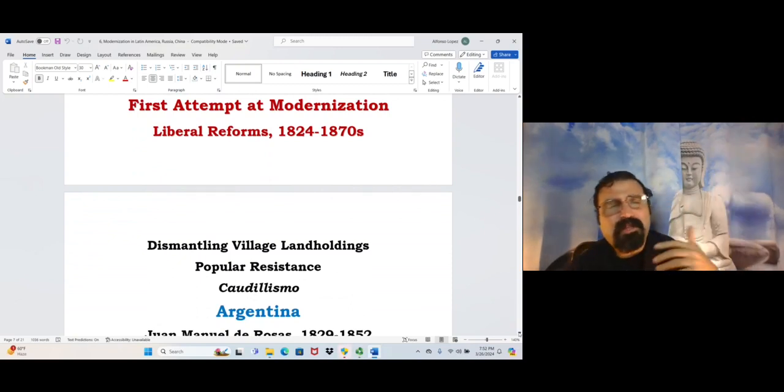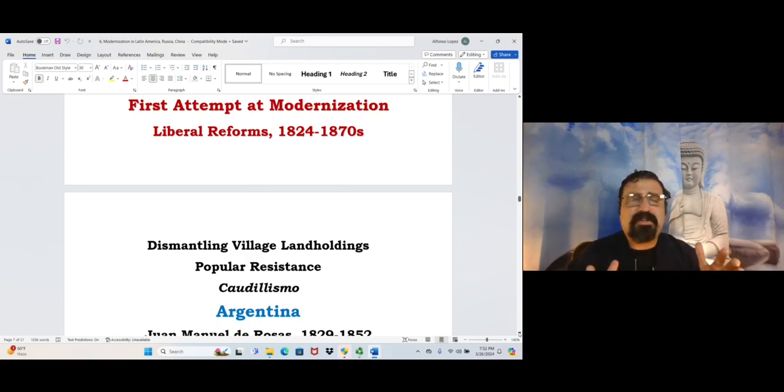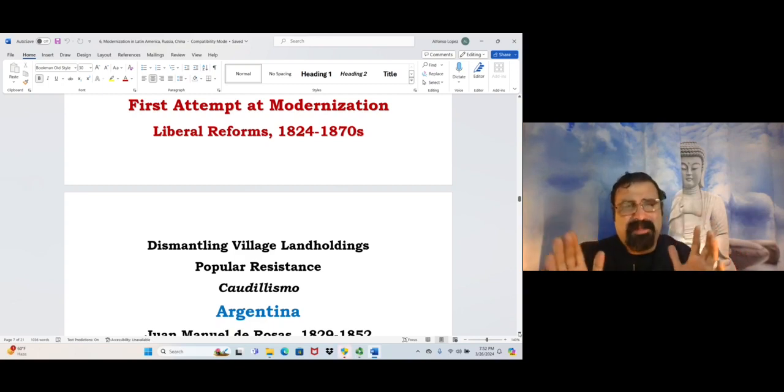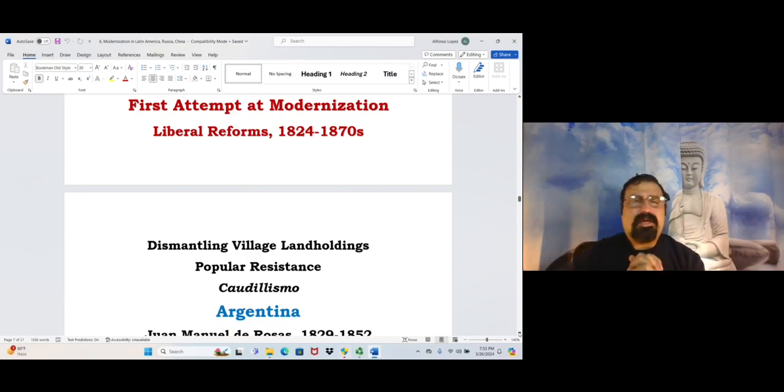Now, after 1824, we're going to see the first wave of modernization taking place. Okay, this is a very unstable time. It should be noted, from 1824, let us just say to 1870, Latin America really was a hotspot on the planet in terms of each country experiencing instability, coups, for example.